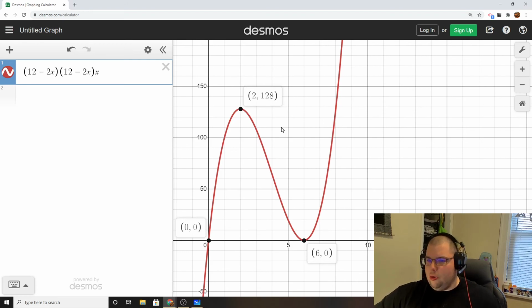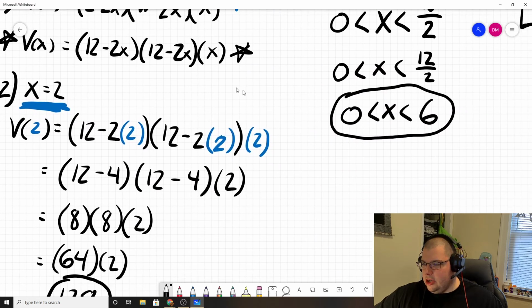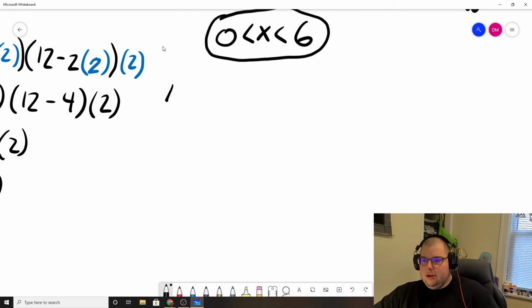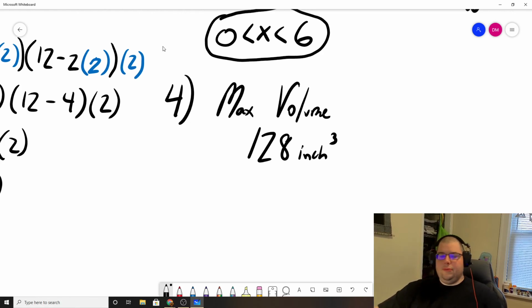That's like a coincidence I didn't think was going to happen when I created this problem, but there you have it. So going back to number 4, the maximum volume is 128, and now that's inches cubed, because we're working in a 3-dimensional space with volume.